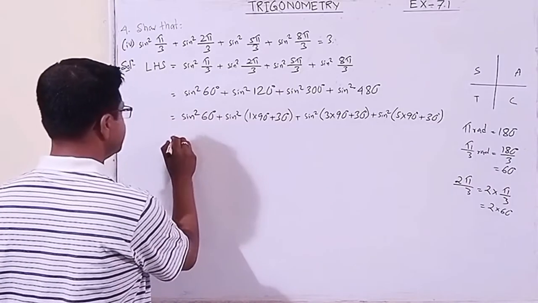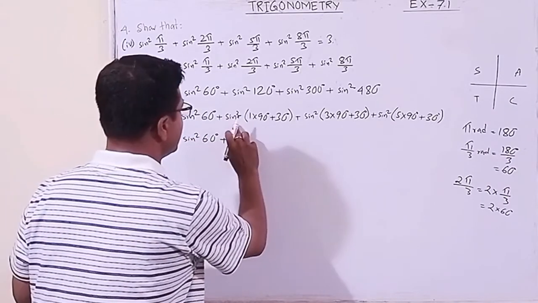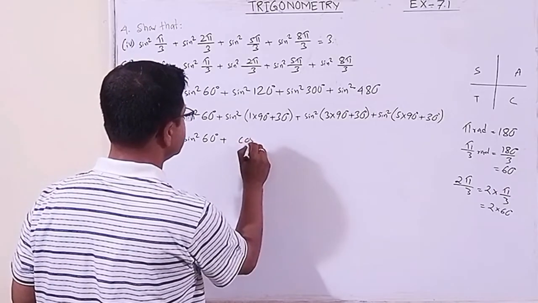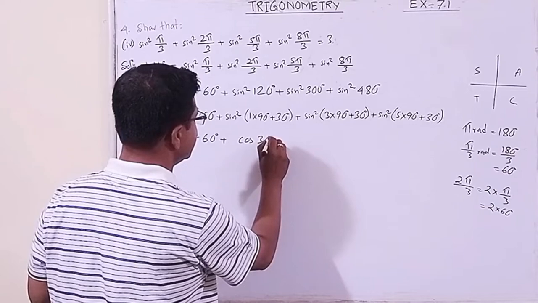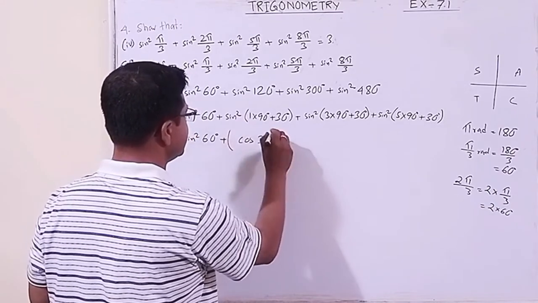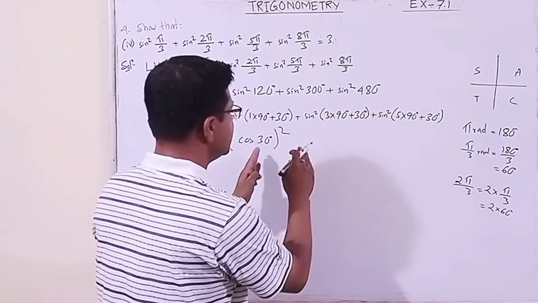Okay, now sine square 60 degree plus, it is odd multiple of 90, so sine is converted to cos of 30 degree. As square is there, we shall write square, because in each case square is there, so we have to put square in each trigonometric ratio.